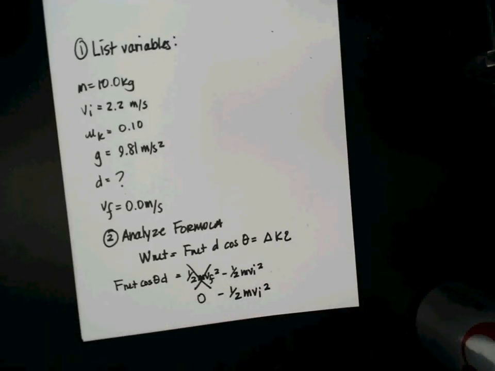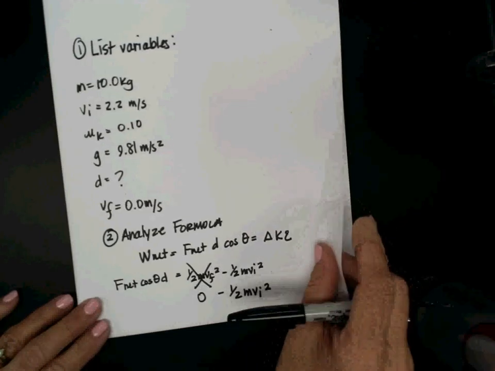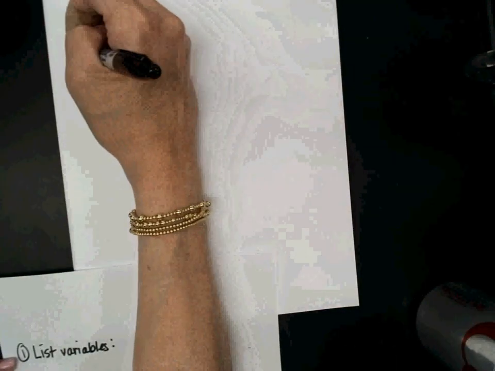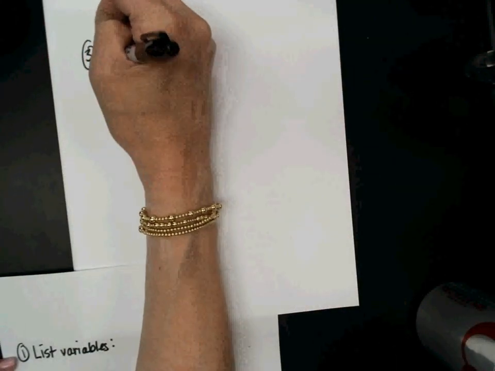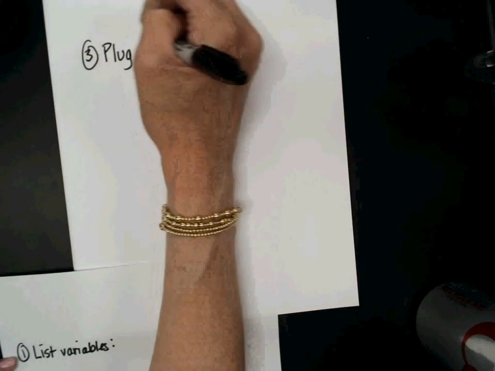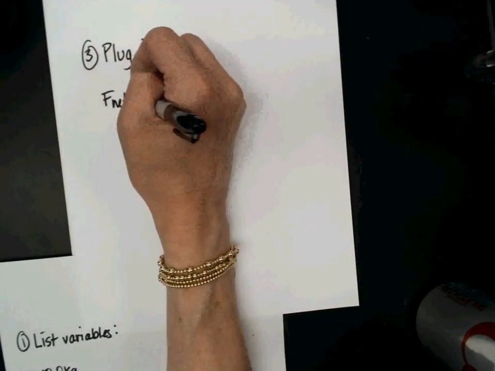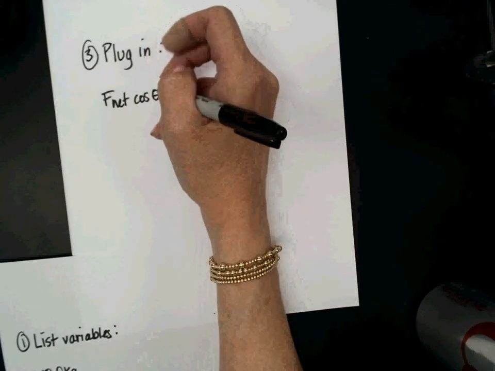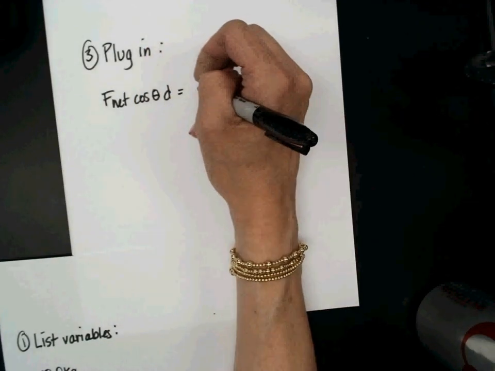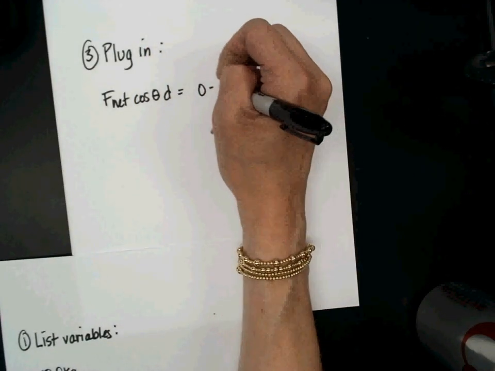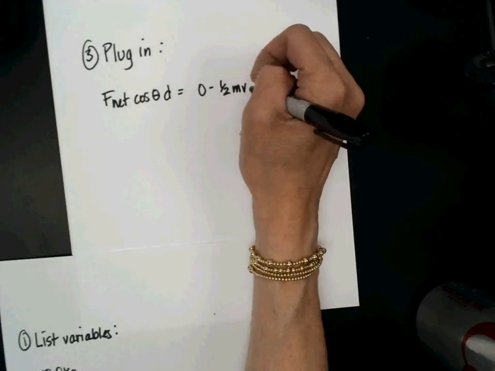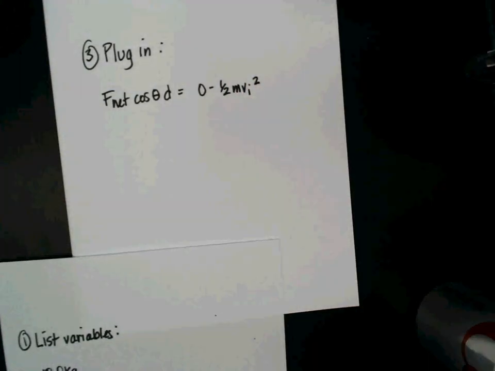So let's start plugging in some of the things we know. So what is my F net cosine theta D equals 0 minus 1/2 MVI squared. So let's figure out some pieces.